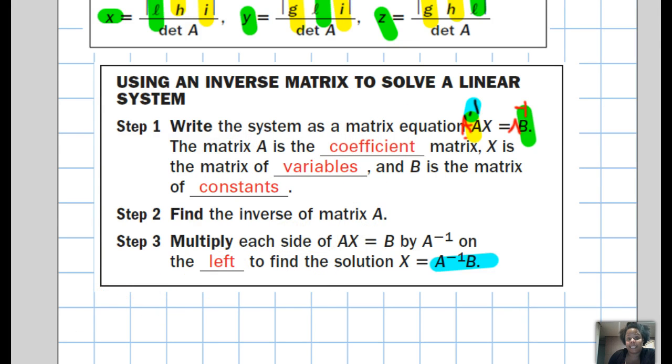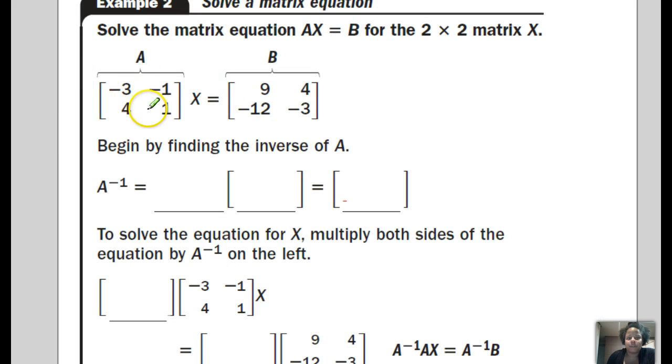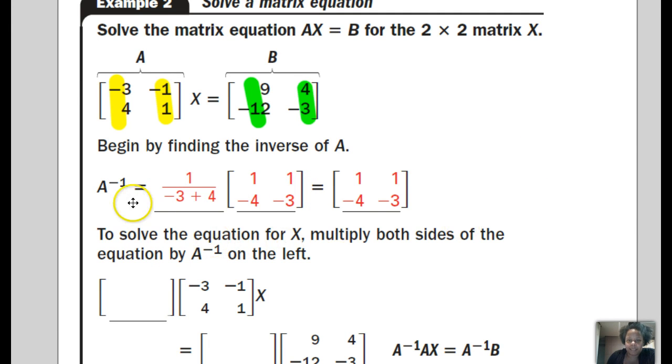So let's take a look at an example. Here I have my situation. Here's my A matrix, and here's my B matrix. I'm going to take my B matrix and multiply it by the inverse of my A matrix. Here's my A inverse matrix, and you guys remember from last unit how to find the A inverse matrix.